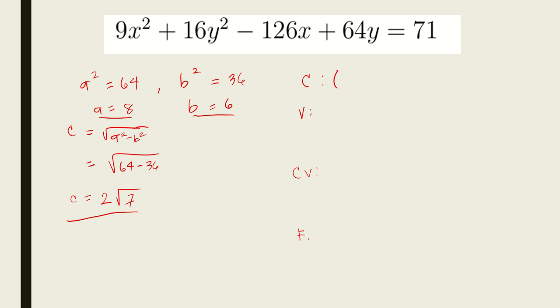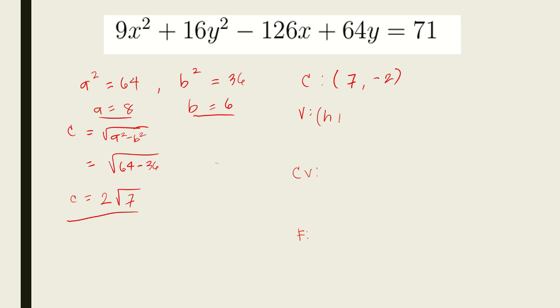If I could recall our given from our standard equation, the center is 7 and negative 2. Since it is a horizontal ellipse, you can write first the needed properties.